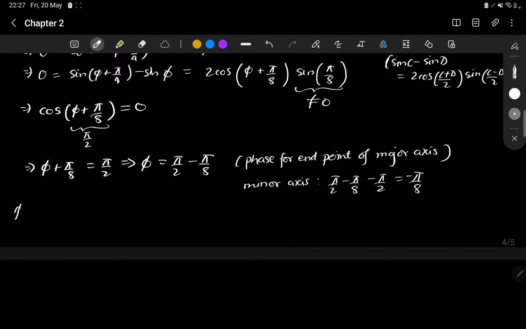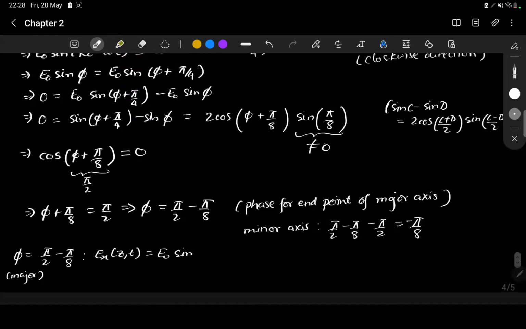So when phi is equal to pi by 2 minus pi by 8, that is the end point for the major axis. At this point we have the Ex and Ey.